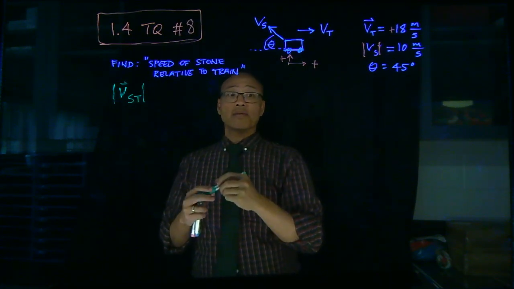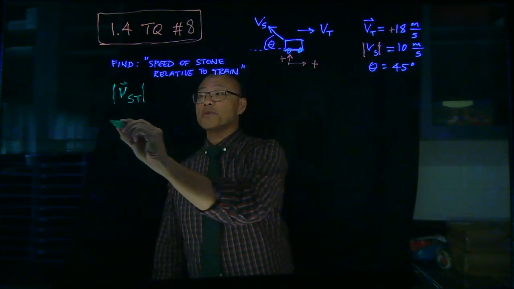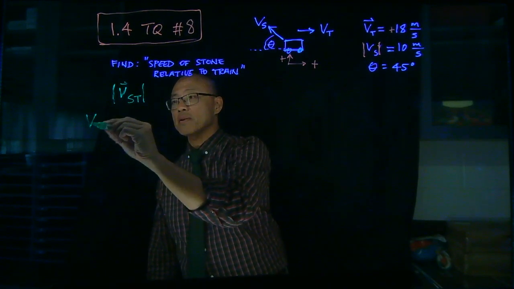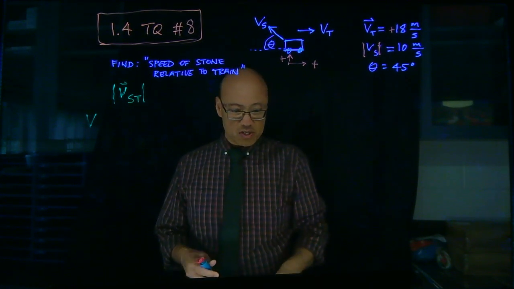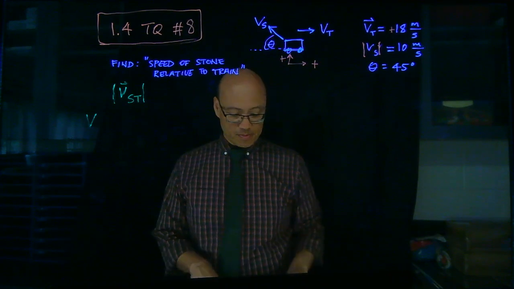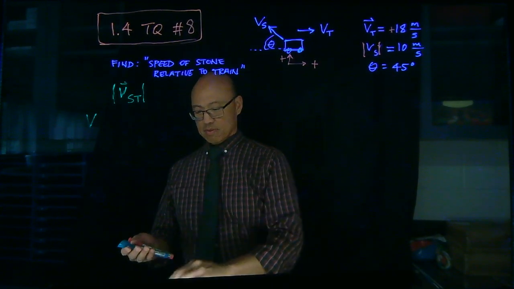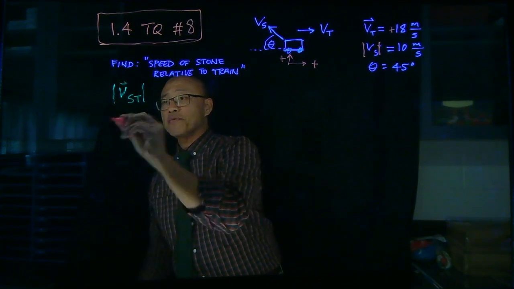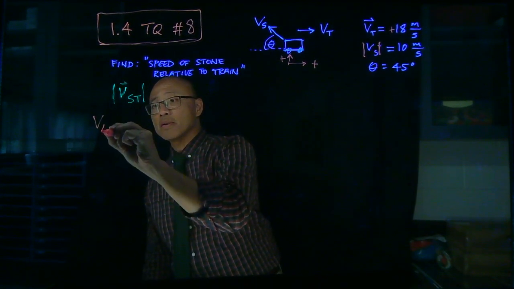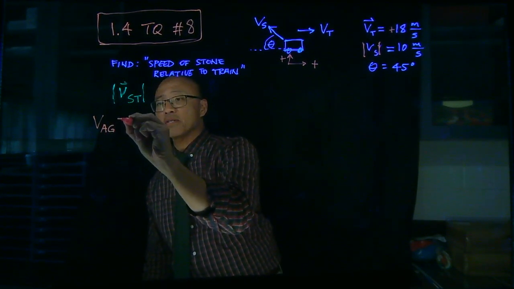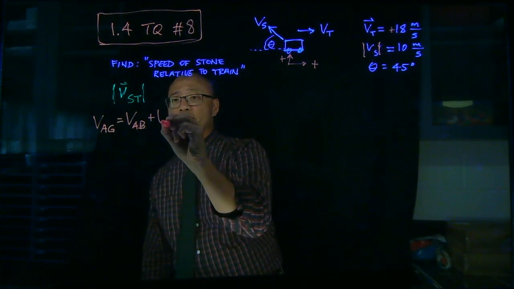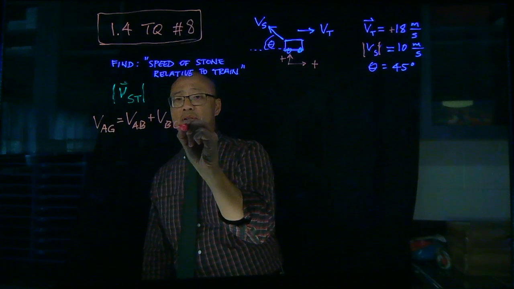Well, relative motion. Let's go with our relative motion equation, which is VA relative to the ground is equal to VAB plus VB relative to the ground.